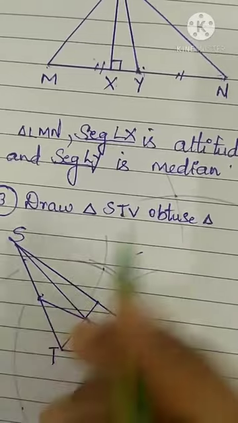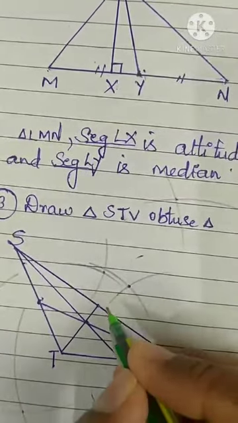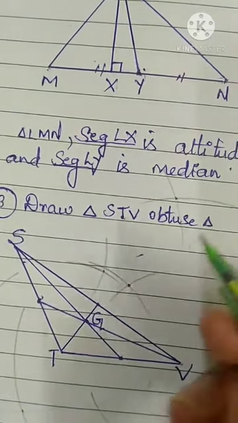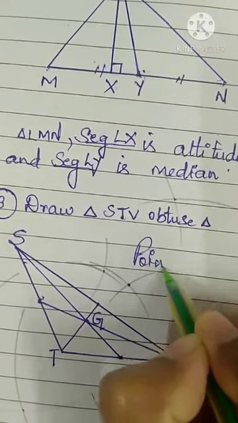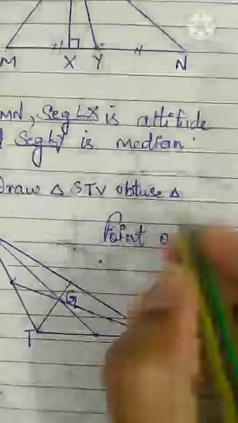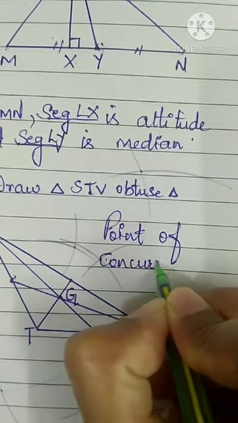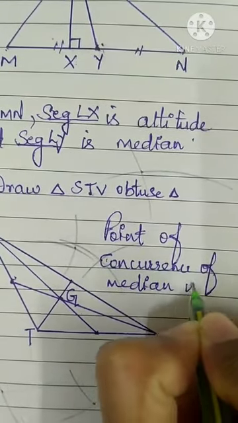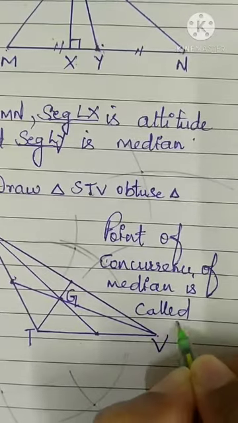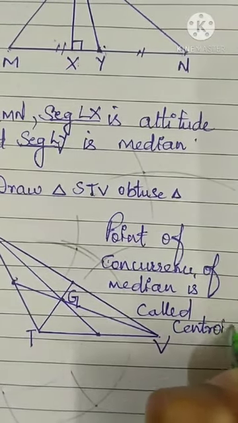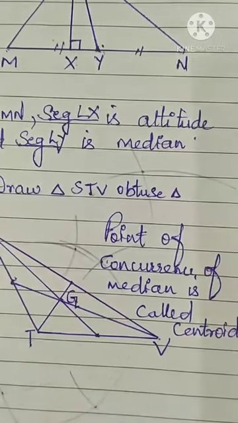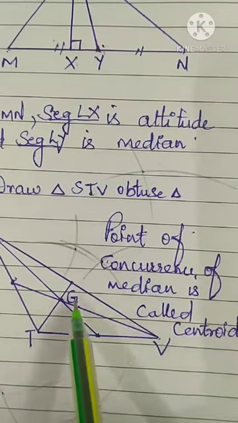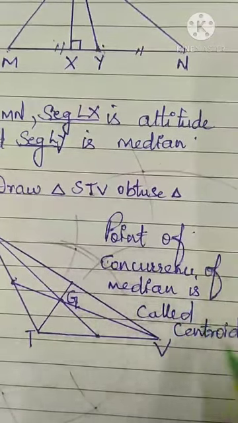The point of concurrence of the medians is called the centroid, and we will denote it by the letter G. The point of concurrence of altitudes is called the orthocenter O. The point of concurrence of medians is called the centroid, denoted by G.